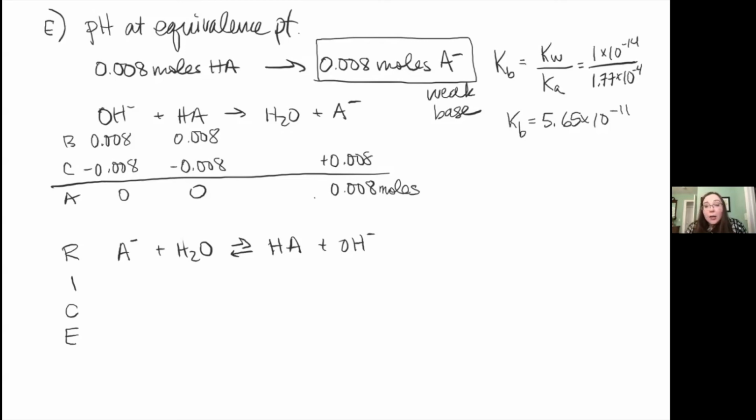I started with 80 milliliters of my formic acid, and now I've added 40 milliliters of NaOH, so I'm going to divide by 0.120 liters, and that's going to give me my concentration, which is 0.0667 molar for my A minus. And that's what we have to put down here as our initial value.